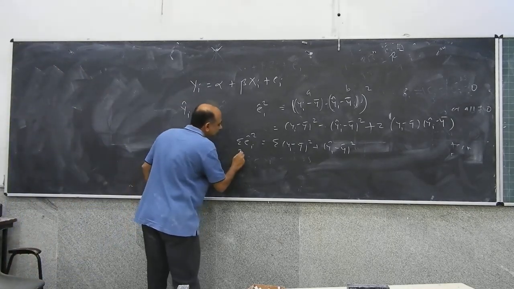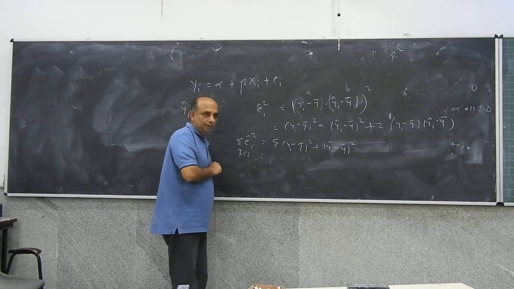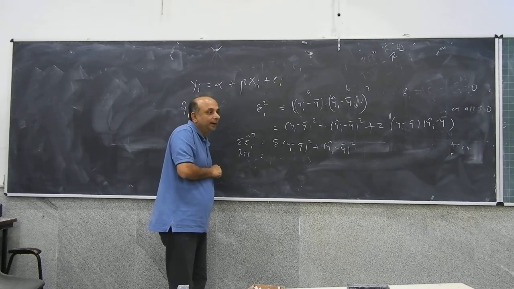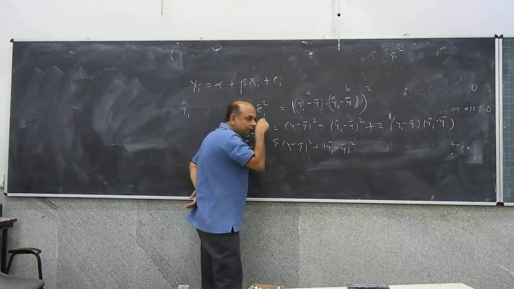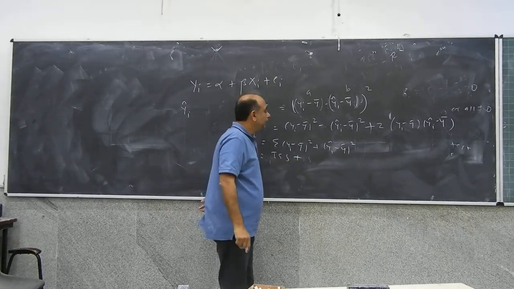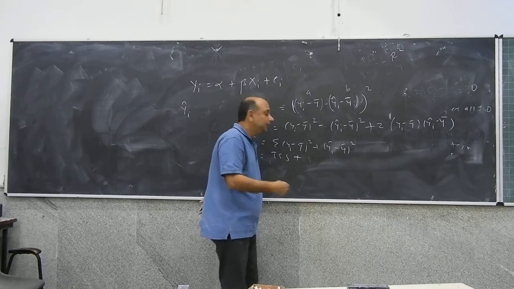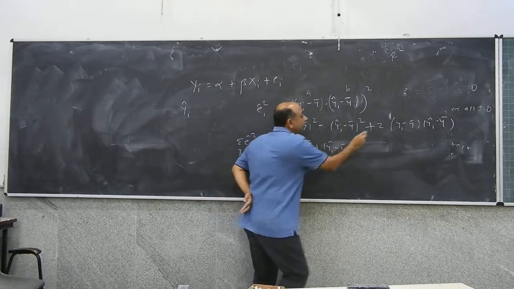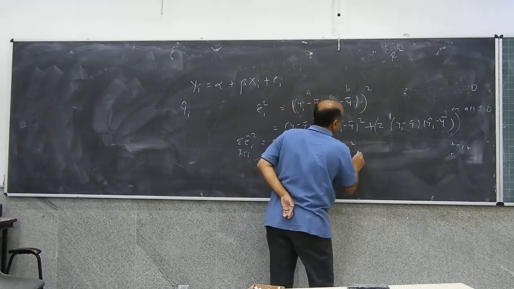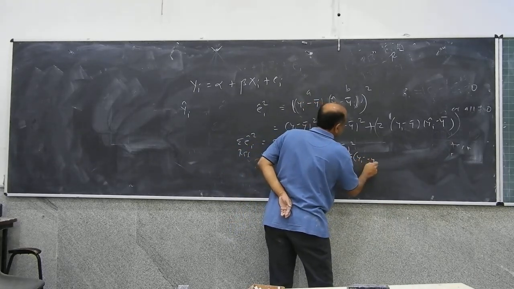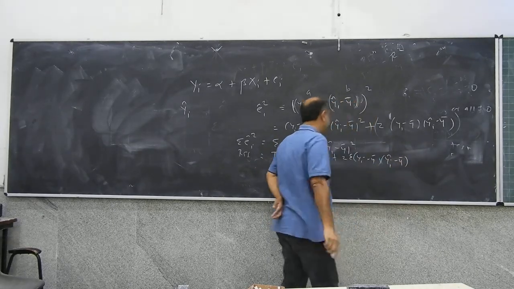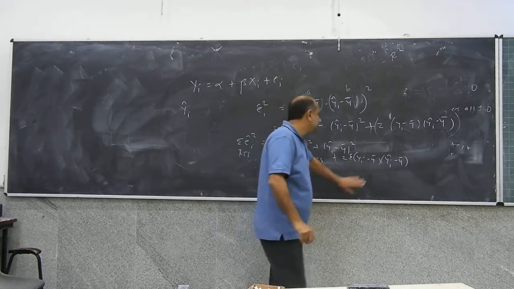This is nothing but the residual sum of squares, summation e hat i square. What is this? yi minus y bar, the total sum of squares. Plus y hat i minus y bar, the explained sum of squares, but this part is still left. So this part is plus 2 into summation yi minus y bar times y hat i minus y bar. And then you have to show that this last part will be 0.